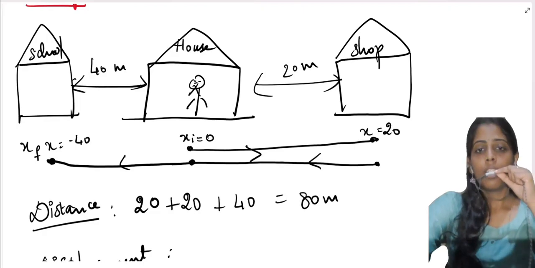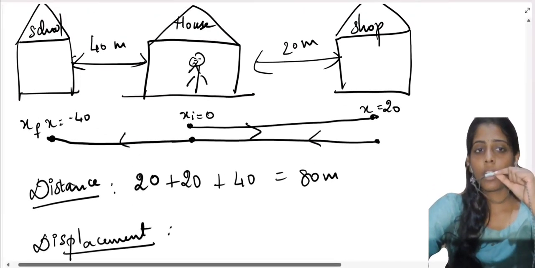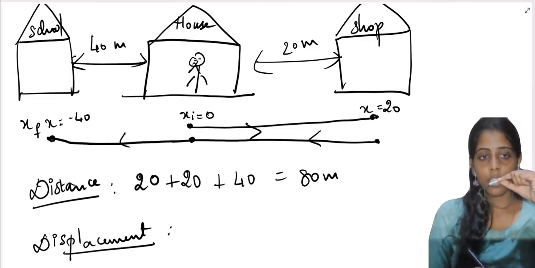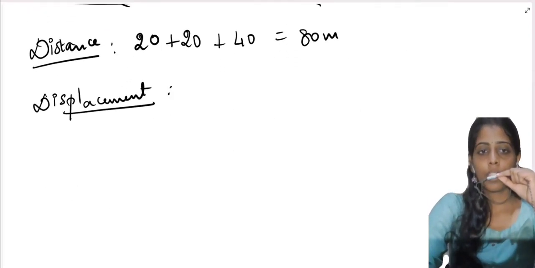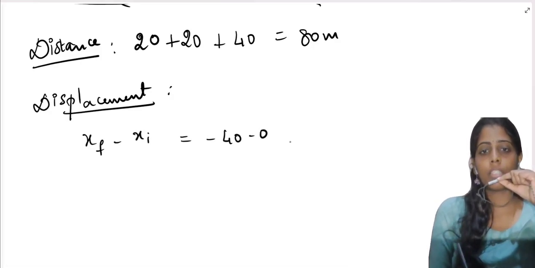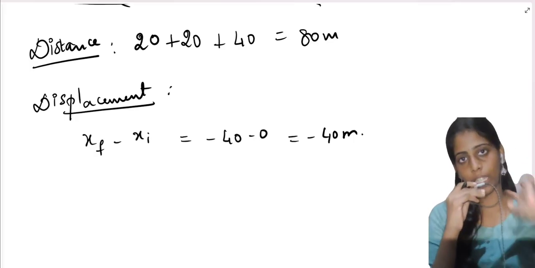Now we will calculate the displacement. Displacement is the shortest distance between the initial and final position, right? So we have to find this distance, xf minus xi. So my displacement is xf minus xi, which is nothing but minus 40 minus 0, which is minus 40 meters. That is the displacement in this case.